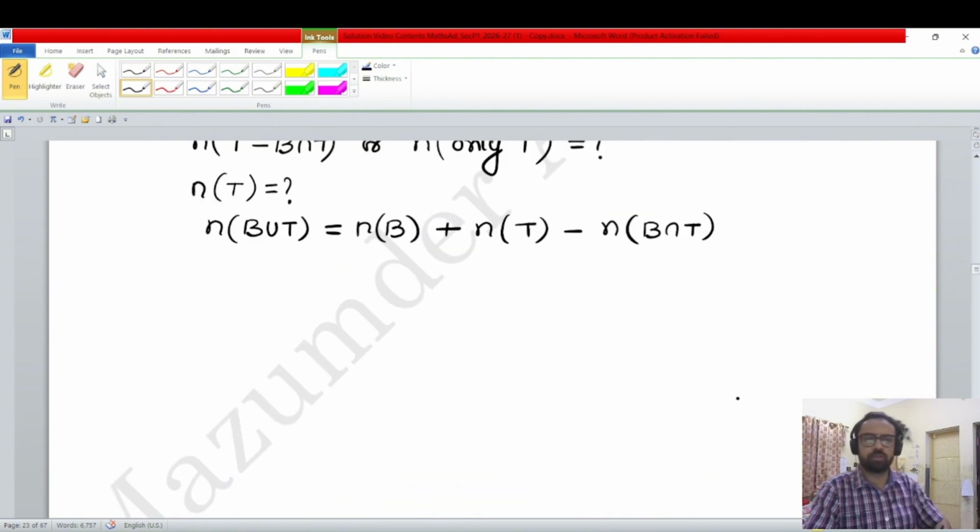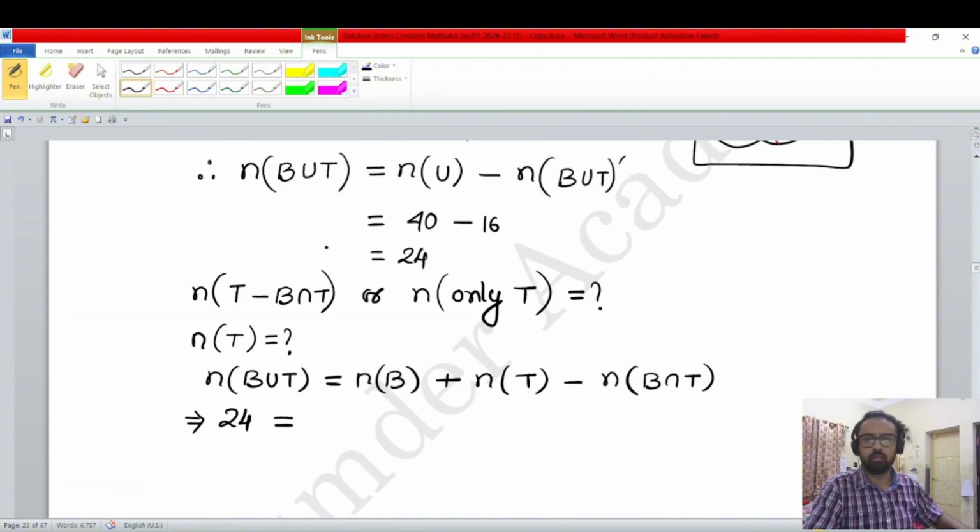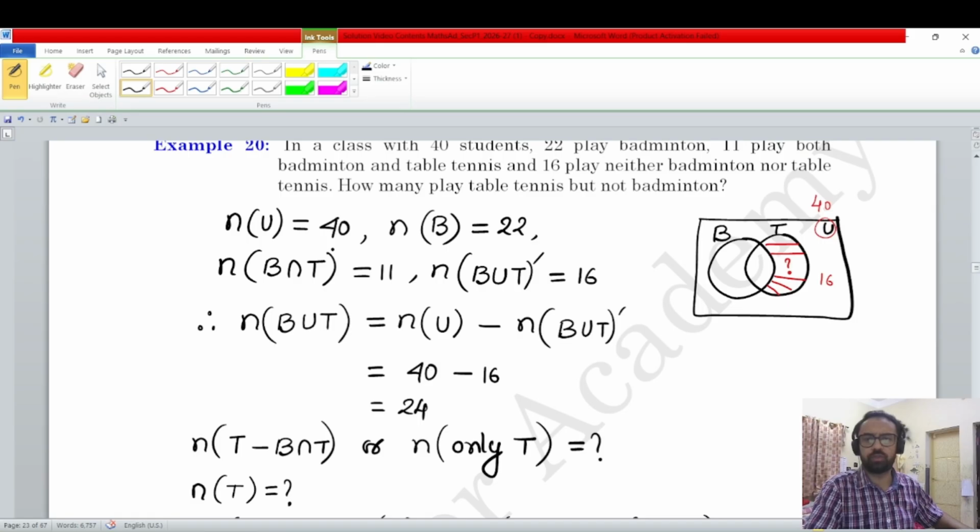Now in this calculation, we have the value of B union T, which is 24. Just now we have calculated. So this implies 24 equals the number of students playing badminton, which is 22, plus n of T minus the intersection 11.